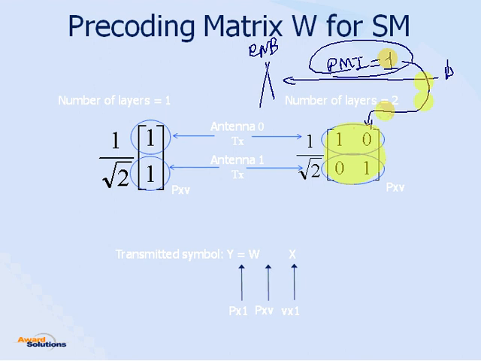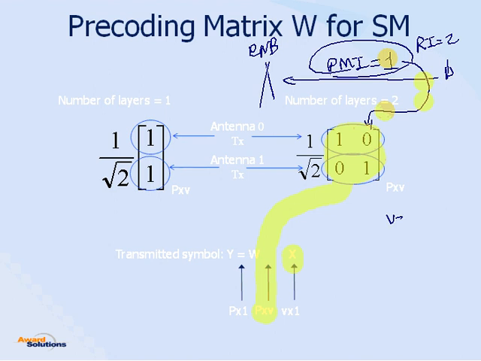And maybe the UE has said, let's have rank indication 2. I can easily separate out 2 signals. So now what is actually going over the air? We have to multiply the pre-coding matrix with the modulation symbol vector.